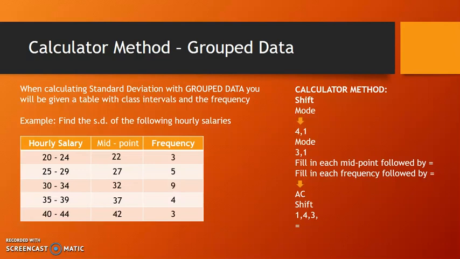Then you're going to press the down arrow on that big center button in your calculator. Then press AC, shift, and then 1, 4, 3, and then press equal to find the standard deviation of the data series. And the standard deviation should be 5.86 to 2 decimal places.